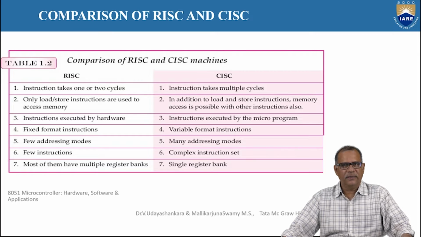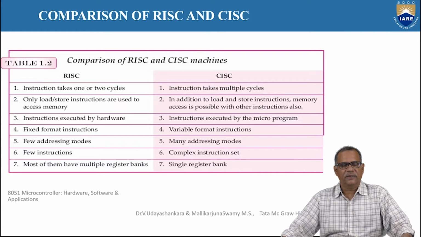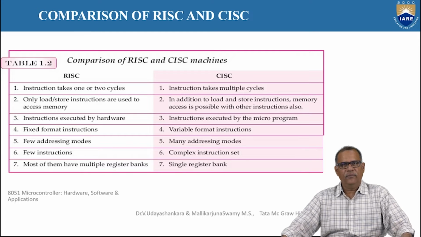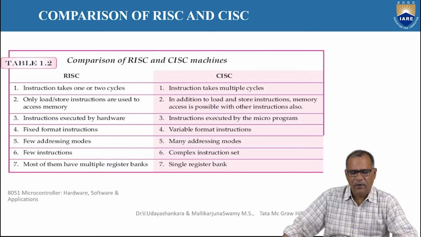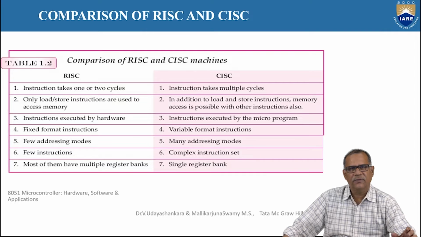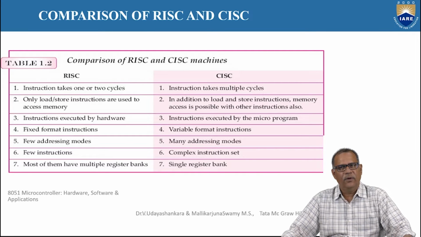In RISC, the instructions are executed by the hardware, whereas in CISC, the instructions are executed by the microprogram. In RISC, the instructions have a fixed format, whereas in CISC the instructions have variable format. As far as addressing modes are concerned, in RISC we have only a few addressing modes, whereas in CISC you have more.